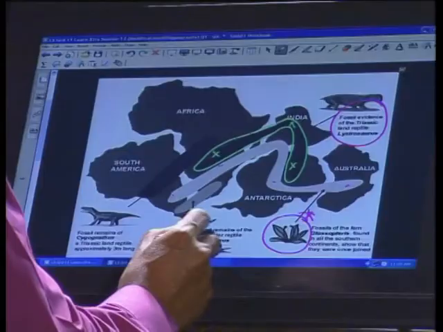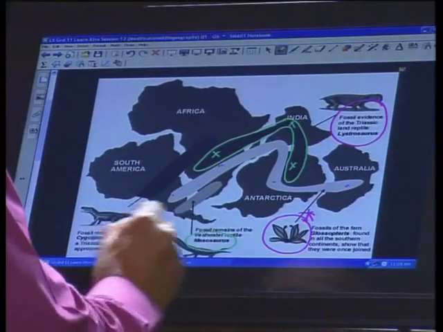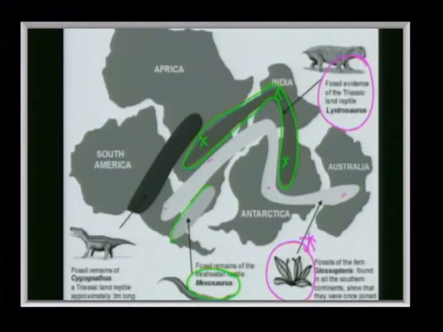For example, Mesosaurus. There you can see Mesosaurus, indicating that Mesosaurus fossils have been found in South Africa, and it has also been found in the lower regions of South America, indicating that at some point those two continents were basically very close to one another or connected.